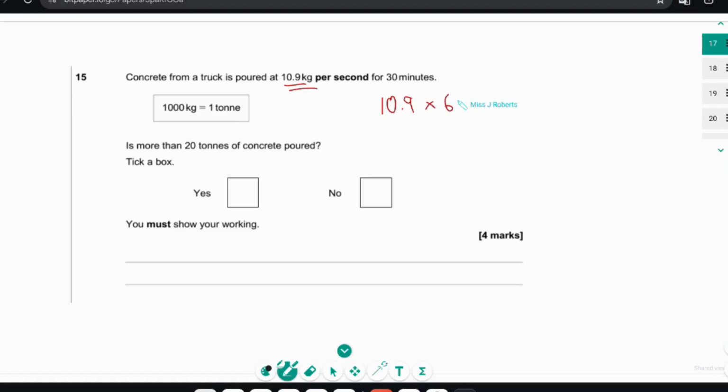Let's times that by 60, which will give us 1 minute. So that's per minute. Let's times it by 30 to get per 30 minutes.